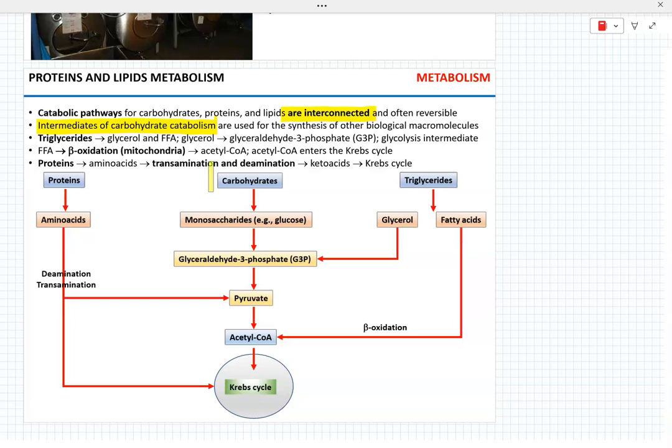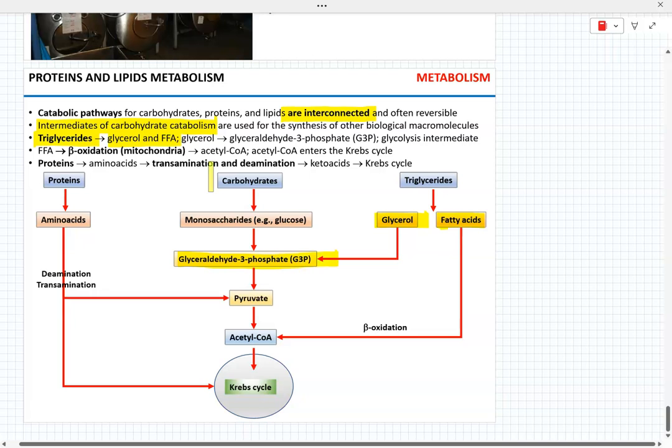Now, what's going to happen to triglycerides during their catabolism? First, they're broken down to glycerol and free fatty acids. Glycerol is converted to glyceraldehyde 3-phosphate, which is the intermediate of glycolysis and can be converted to pyruvate.